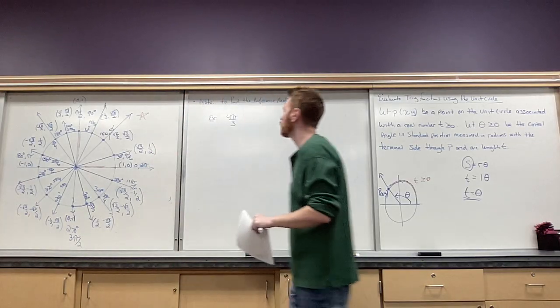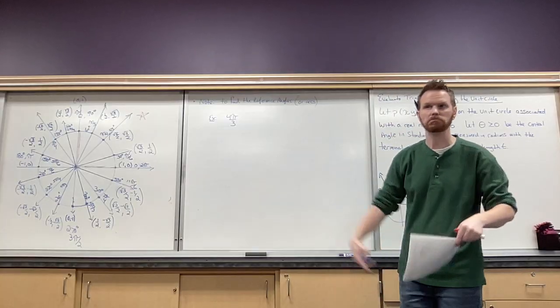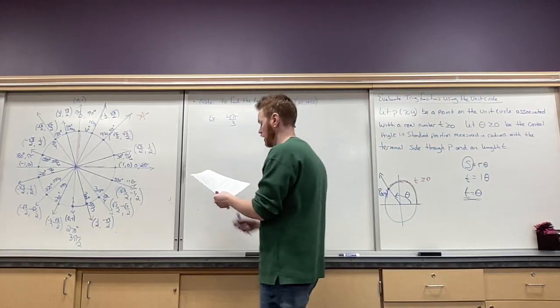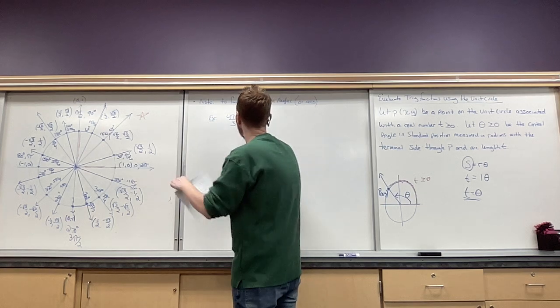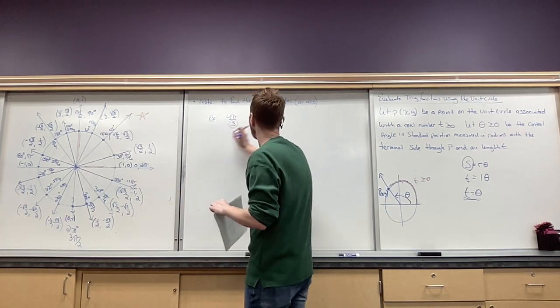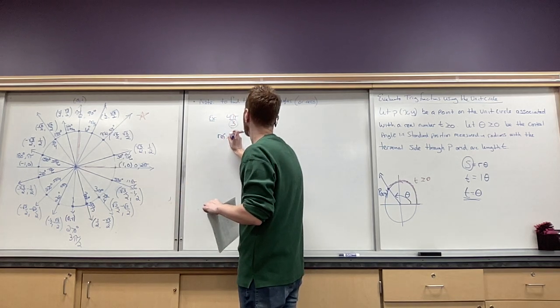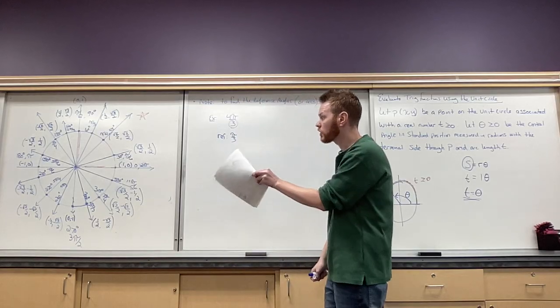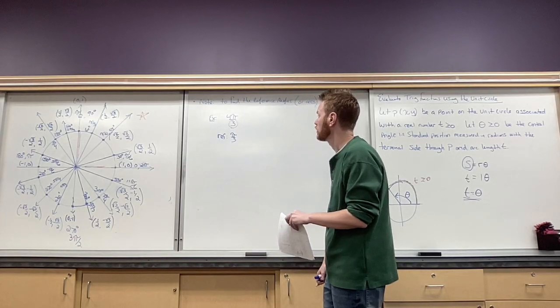So if I had 4 pi over 3 and I want to know what sine of that is, we'll first find the reference angle. The reference is just pi over 3. And if you look at the unit circle that I drew over there, you can see that.